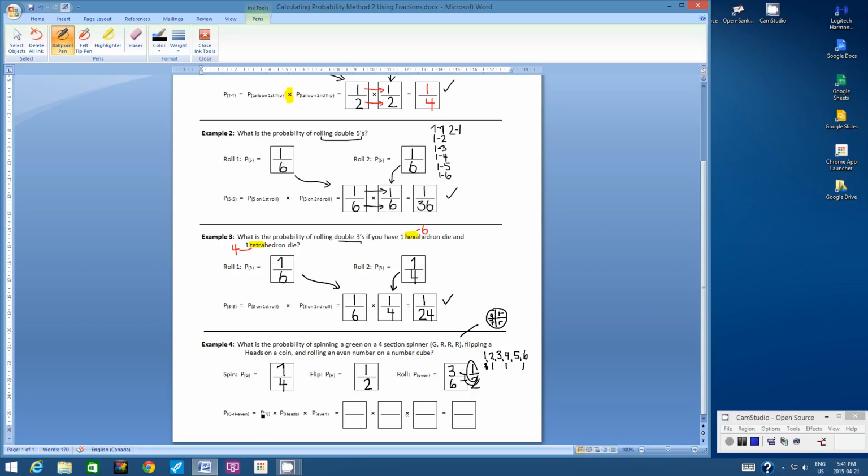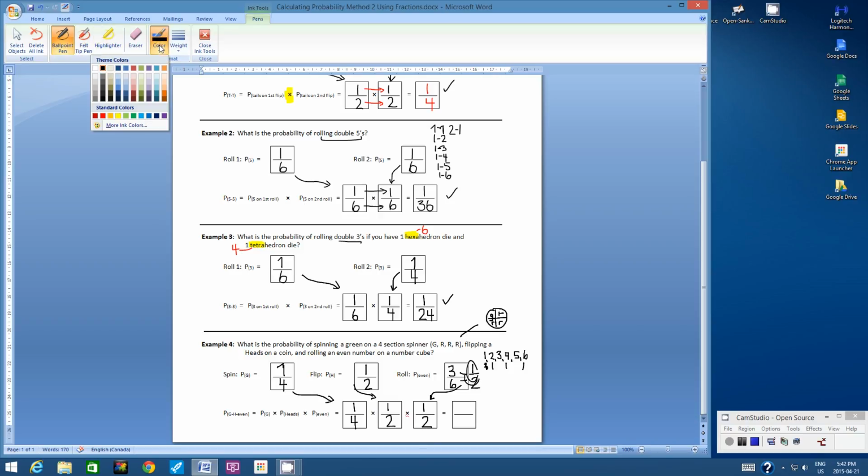Okay, so let's start with the first thing. What's the probability of getting green? Well, it is 1/4. What's the probability of getting heads? 1/2. And then what's the probability of getting even? That is 1/2. Okay?